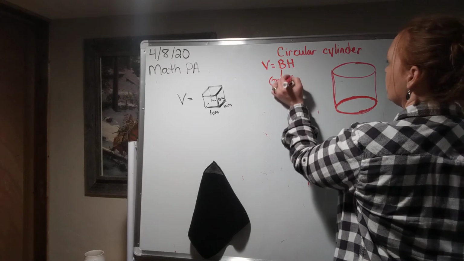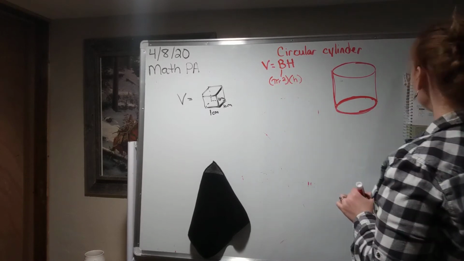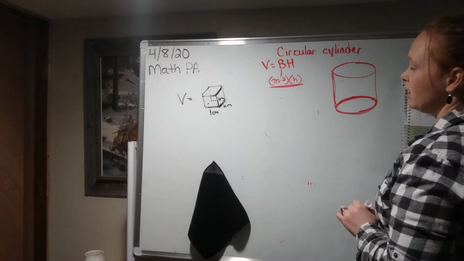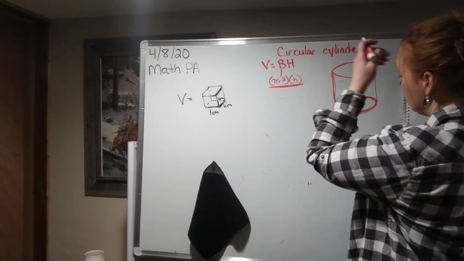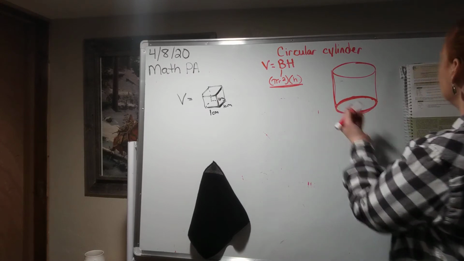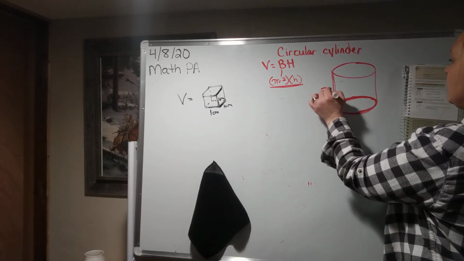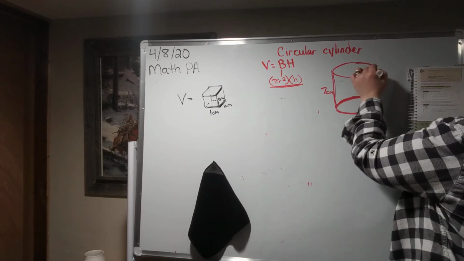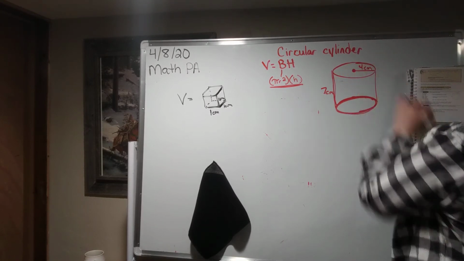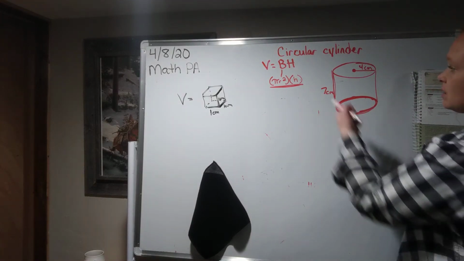Okay, so this is just the height. So this is really the formula we're going to be looking at, but we have to think base times the height. Okay, so in example 3, they give us a cylinder, and they tell us that the height is 7 centimeters, and that the radius of the circle is 4 centimeters. Okay, so we simply need to plug it in.